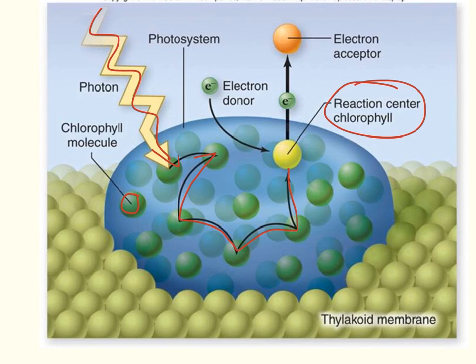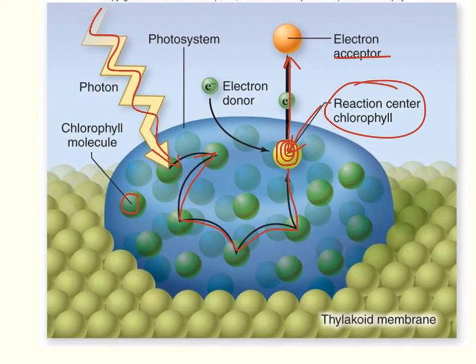The reaction center is usually a single chlorophyll A molecule. And once this reaction center absorbs enough energy to excite an electron, that electron will be ejected out of the reaction center and gets accepted by an electron acceptor.